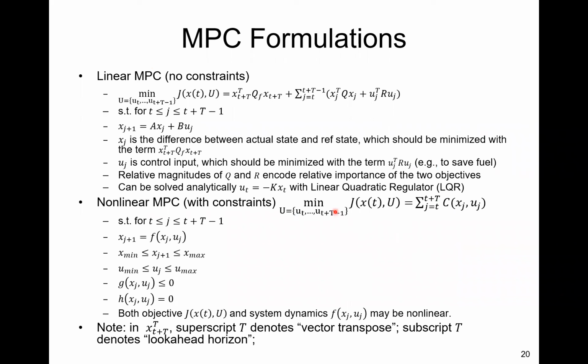So here's the mathematical formulation of MPC. You have an optimization objective J. Let's consider a linear MPC with no constraints. The objective tries to minimize, in the first term, the difference between the actual state and the reference state.